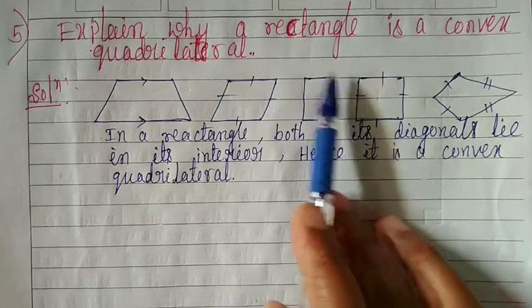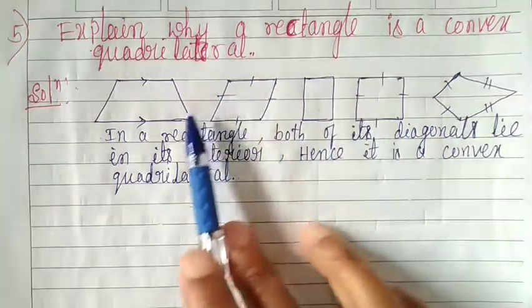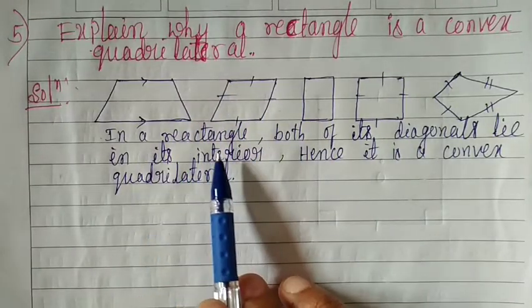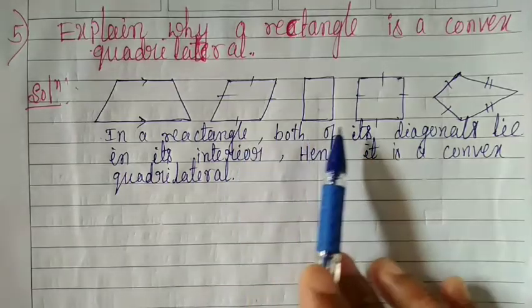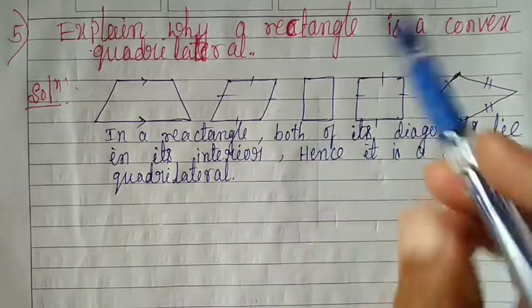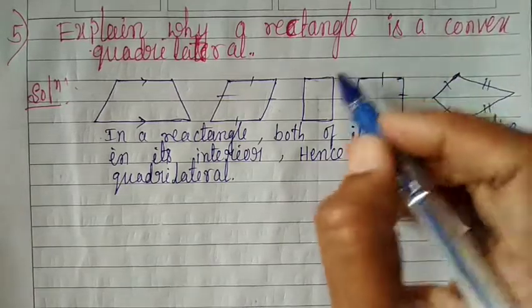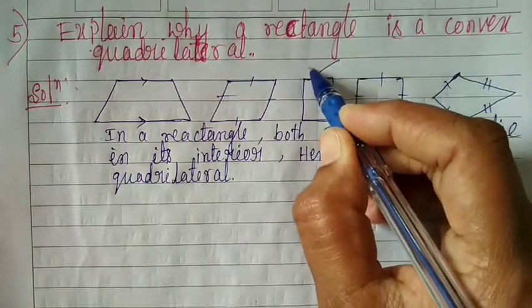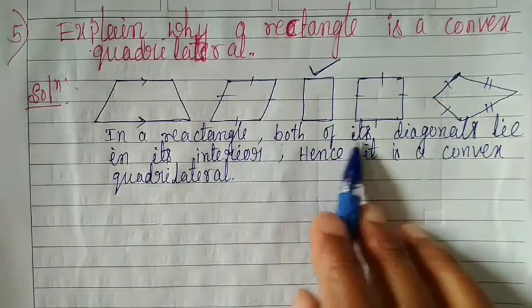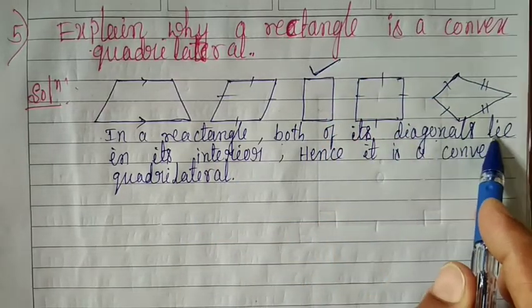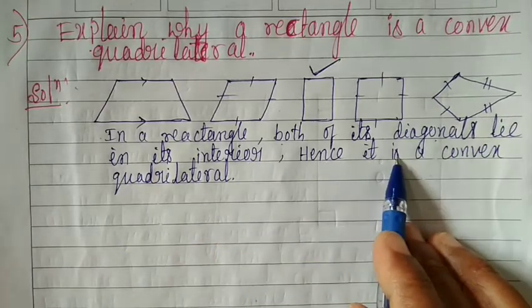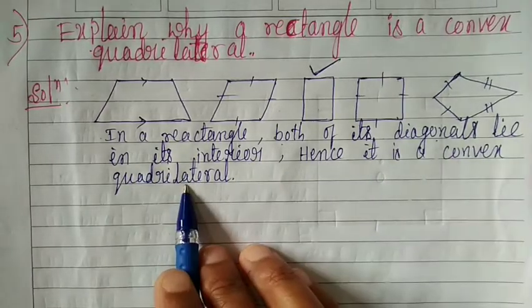This picture shows that in a rectangle both of its diagonals lie in its interior. Hence, it is a convex quadrilateral.